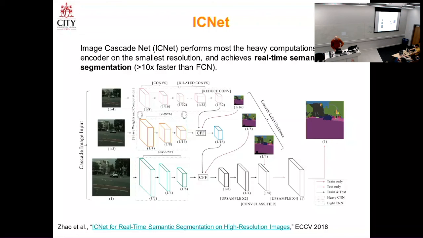I've got one more technique called ICNet, but in the interest of time, I'm going to skip it. The thing about ICNet that's interesting is that it does most of the processing on a low resolution image in the encoding side. So we end up with really fast results, and we can achieve real-time segmentation.